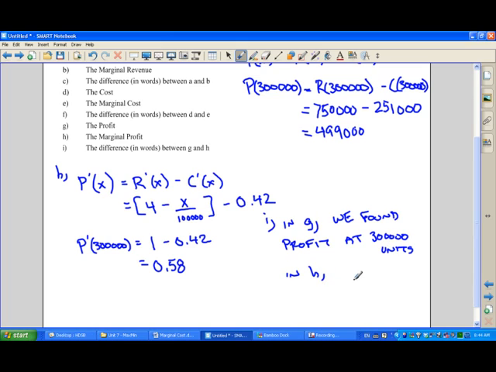In part H, we found how quickly profit is changing. If you're a business person and you look at this number, it's positive, which means as you sell more units, your profit is still increasing, which is a good thing.